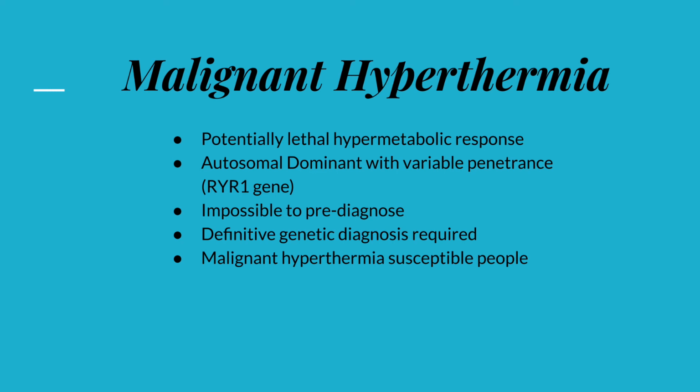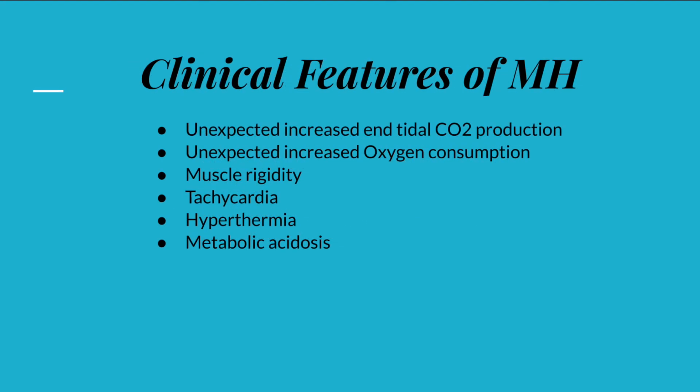Those susceptible to malignant hyperthermia may experience discomfort during exercise in the heat, with uncommon complaints of muscle pain. Clinical presentation of malignant hyperthermia includes an unexpected increase in end-tidal carbon dioxide production and oxygen consumption during induction of anesthesia, due to the body's sudden increase in metabolic rate.